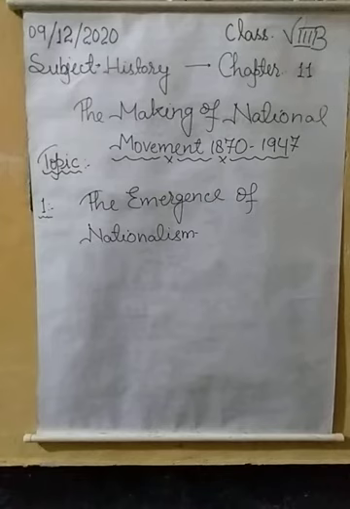It means a number of people met at Bombay in December 1885, their number was 72, but as I told you above, these were the important leaders and members of the Indian National Congress, and mostly they belonged to Bombay and Calcutta.